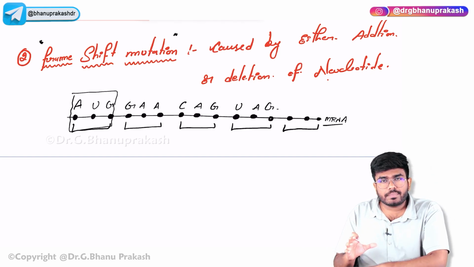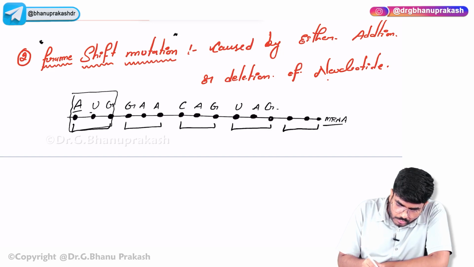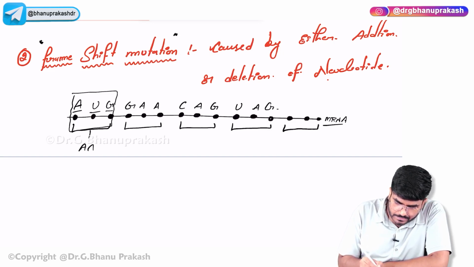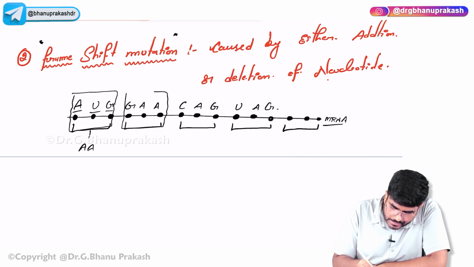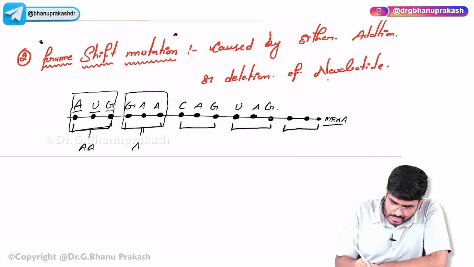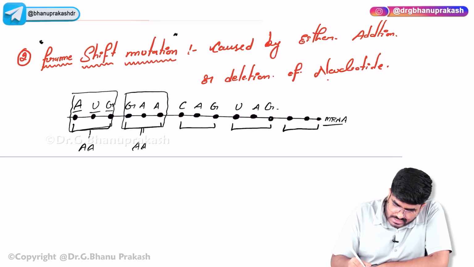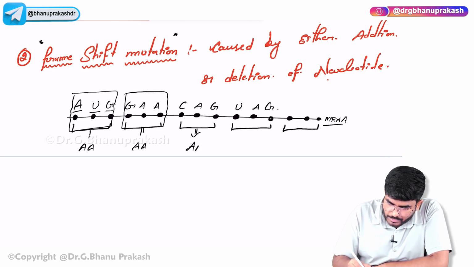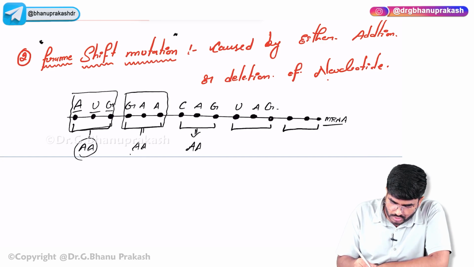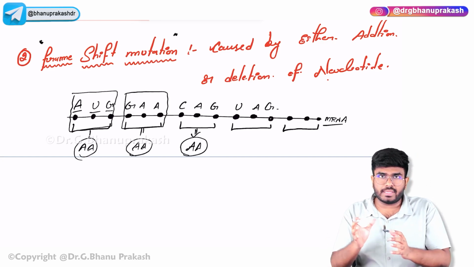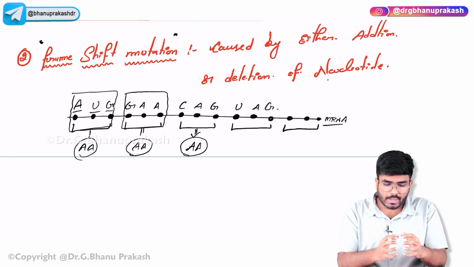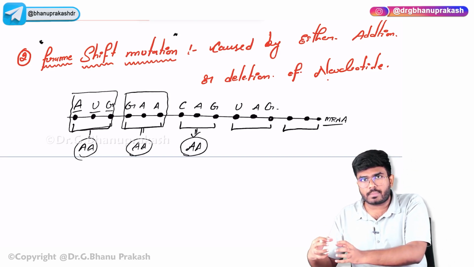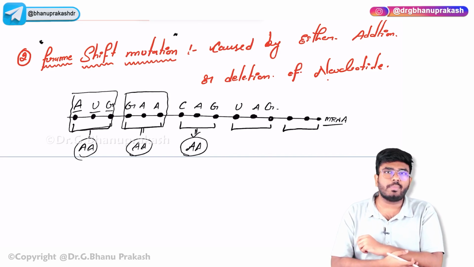tRNA will come and understand that AUG codes for some amino acid. Now, these three, GAA, will code for some other amino acid, and this CAG is going to code for some amino acid. The amino acids that the tRNA brings are joined to one another by peptide bonds in the ribosome, so protein synthesis is happening.